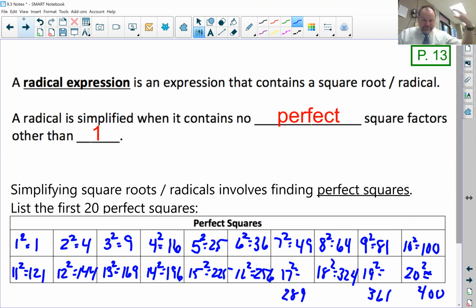So the other method of simplifying, if you just see a radical expression as an expression that contains a square root or radical, it is simplified when it contains no perfect square factors other than 1, because we can't ever divide out and get rid of that factor of 1.